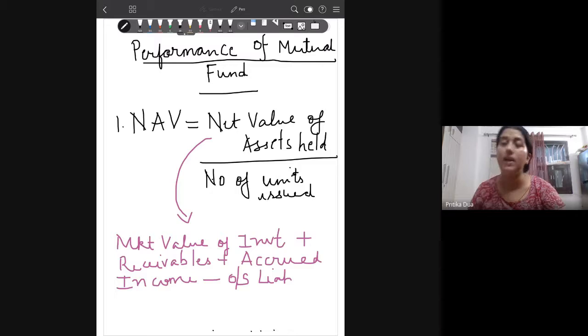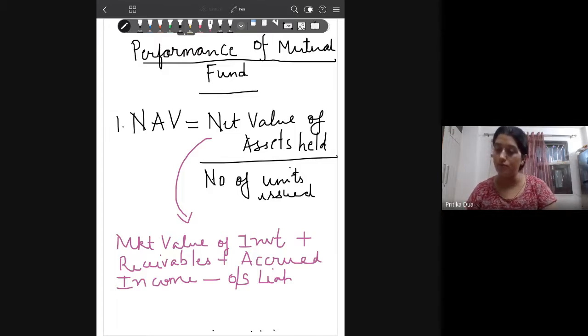So any outstanding expenses which are relevant to the mutual fund you have subscribed to. If there are any outstanding administrative or operating expenses at the end of the year, then those are deducted from the market value of the assets held, and you get the net value of assets held, which is then divided by the number of units issued. So this is how you calculate the net asset value per unit of the mutual fund.